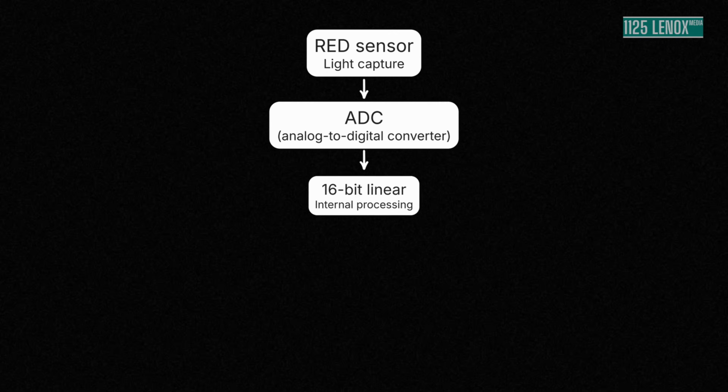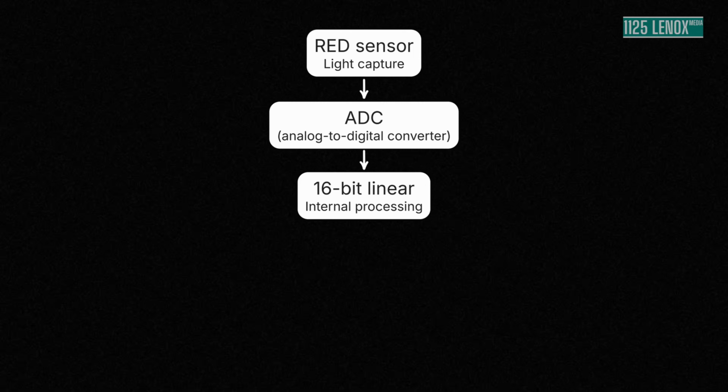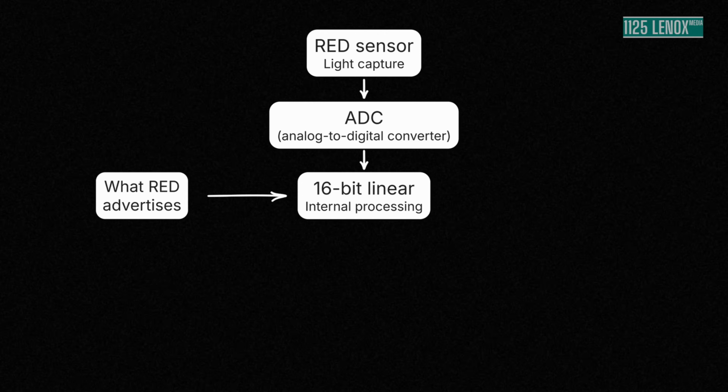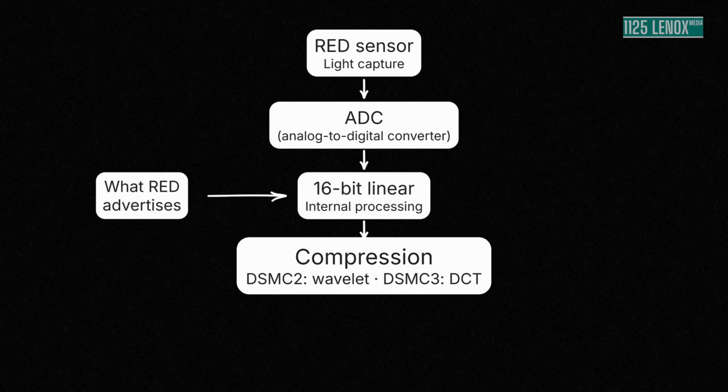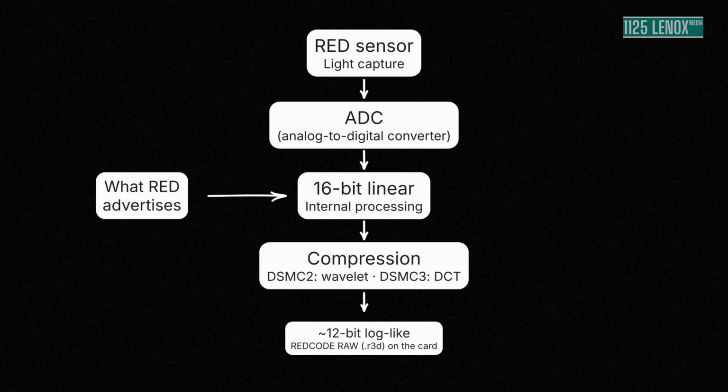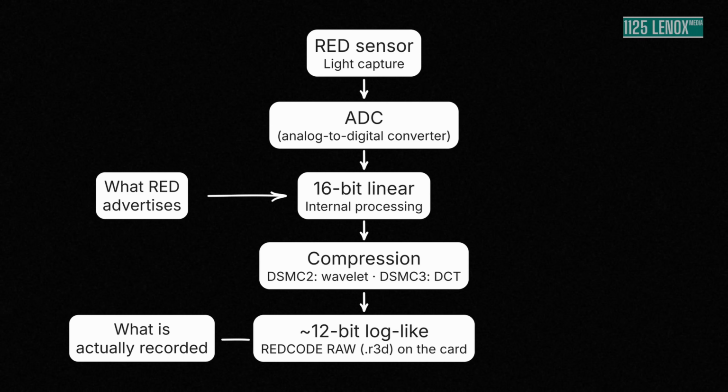Now, the pipeline starts at 16-bit linear, but what actually gets written to the card when you're looking at your REDCODE RAW .R3D files is very different. The technical reality, which Red's own documentation and third-party analysis have confirmed, is that the recorded file behaves like a 12-bit floating point or log encoded data at the storage level.